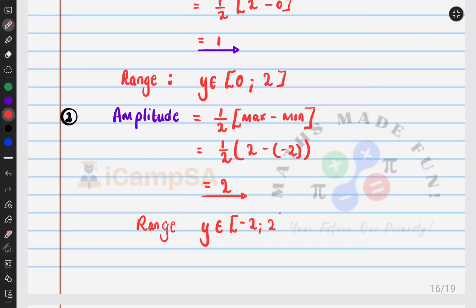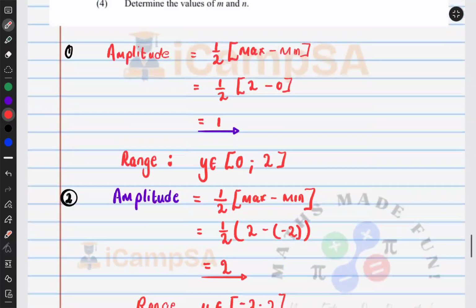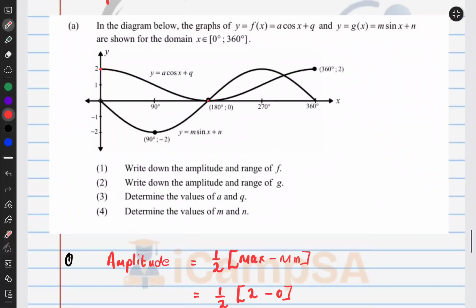Use square brackets because those values are also included. Okay, so that is that for number 1 and 2. So next we're asked to determine the values of a and q, q being the vertical shift of the function.